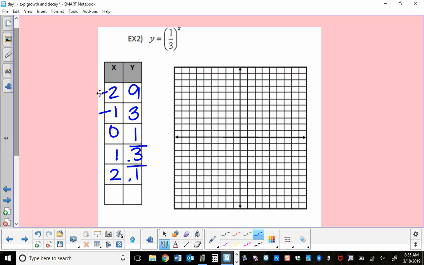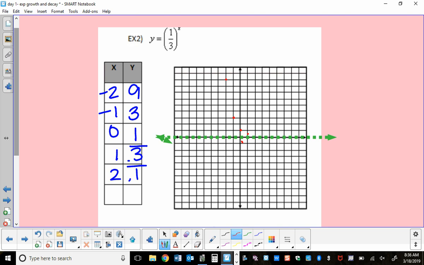Anything that's a decimal, you're just going to estimate. I'm going to draw my horizontal asymptote at 0. And then I'm going to plot my points. I'm starting at the origin. I'm going from -2 to 9. So 1, 2, 9, -1, 3, 0, 1, 1, 1/3.